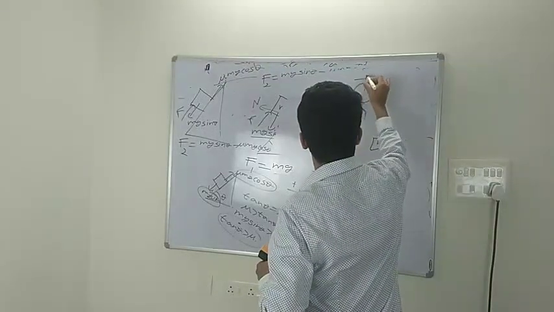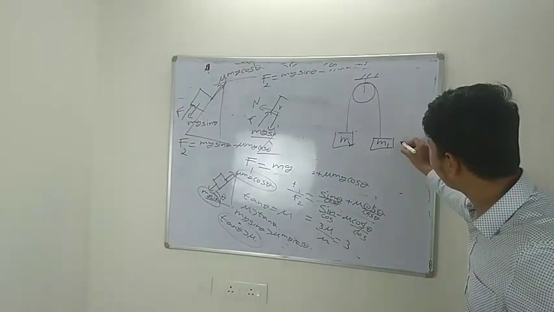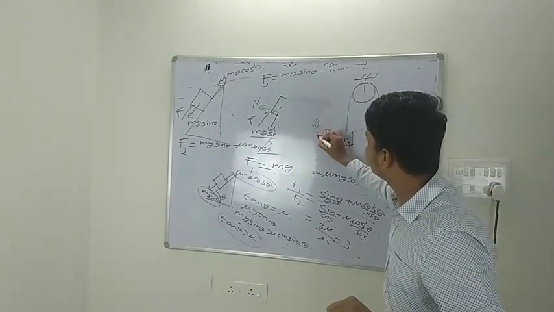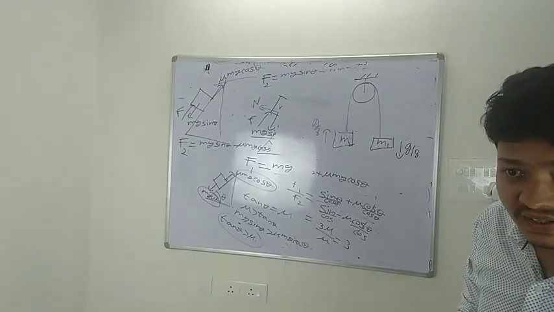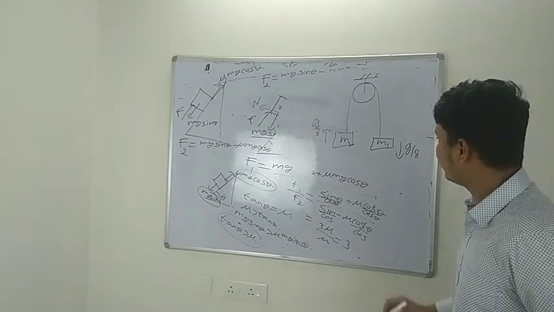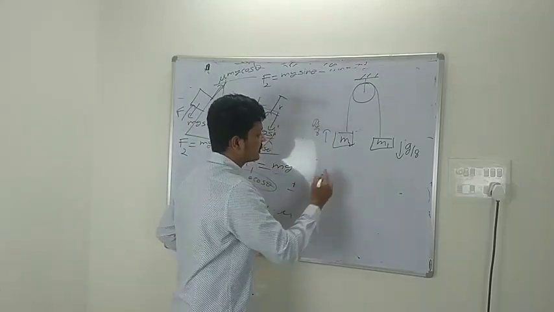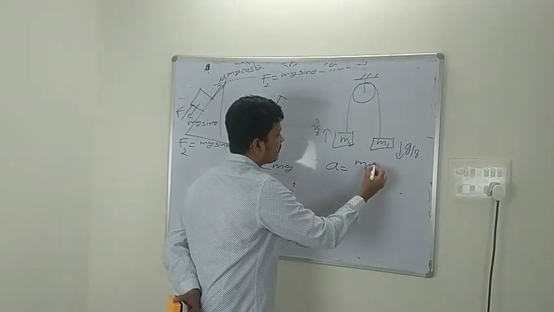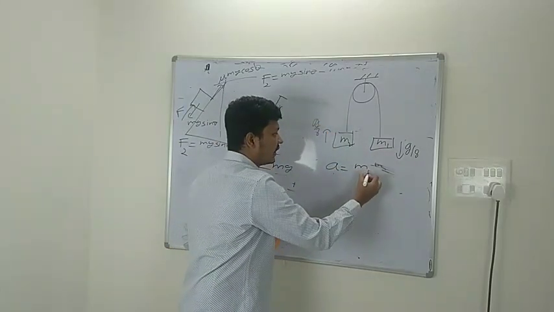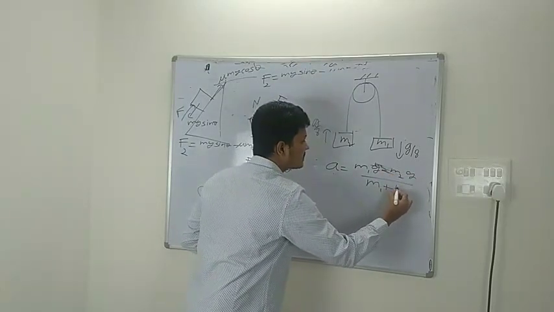Let me take m1 greater than m2, and they are saying the acceleration of the system is g by 8. So I know the acceleration is net pulling force m1g minus m2g, divided by m1 plus m2.